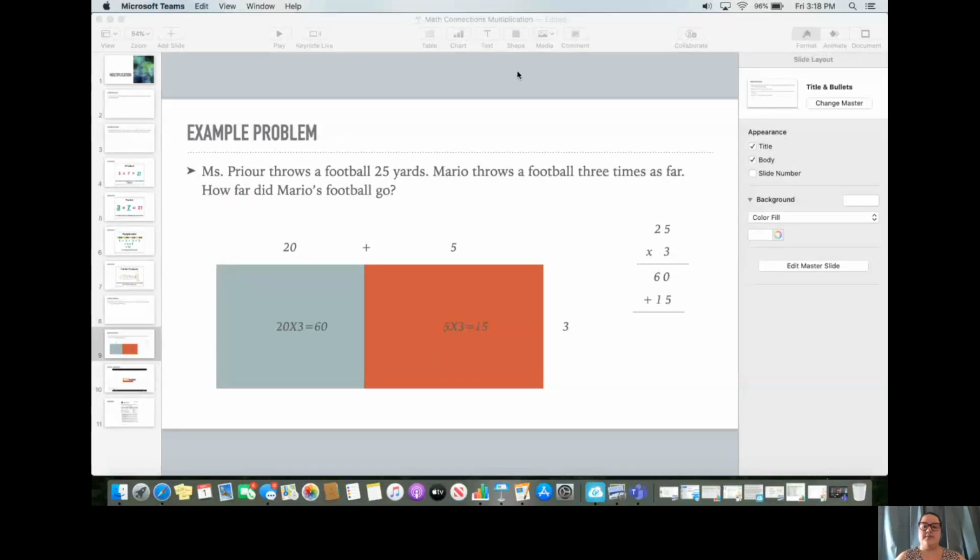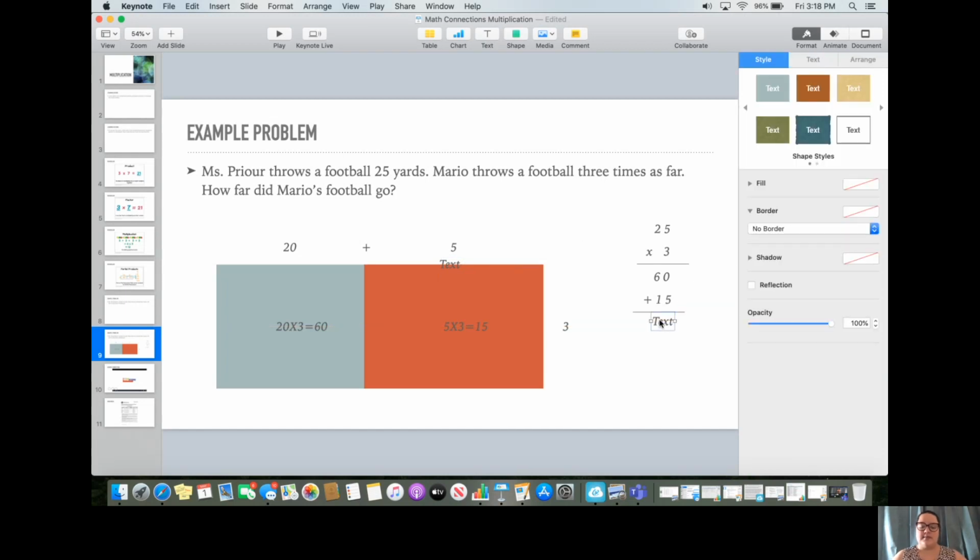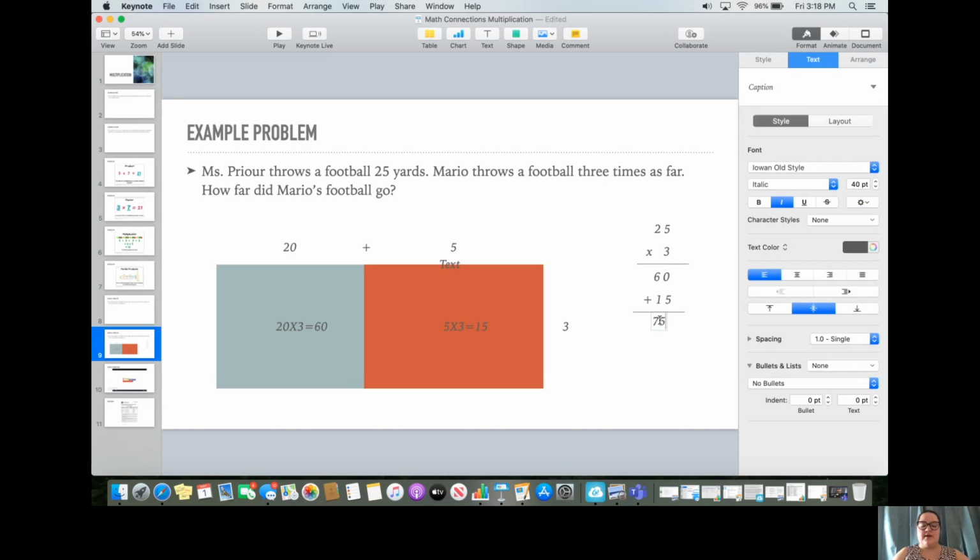Do we leave our answer just 75? No, I always tell you to label your answer. So our answer is 75 yards.